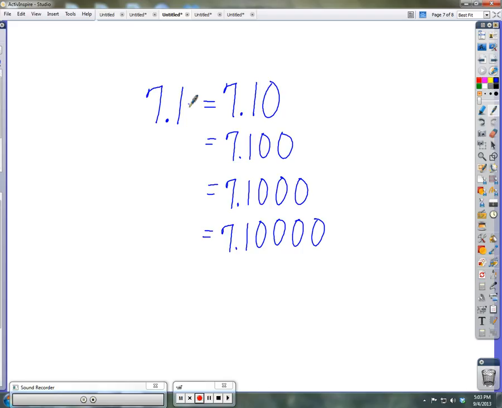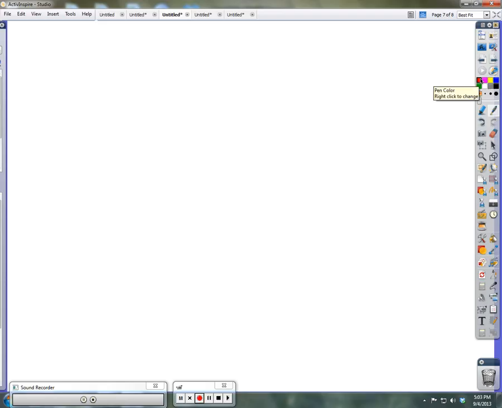And really, that's all there is to making equivalent decimals. Either take a decimal number without zeros at the end, and to make an equivalent decimal, add zeros to the very end of it.